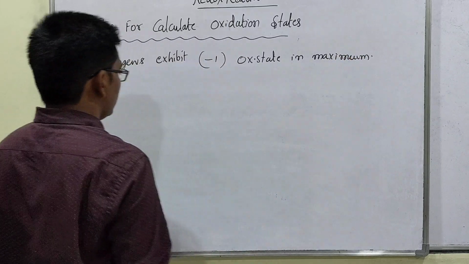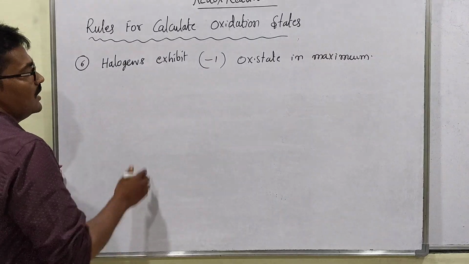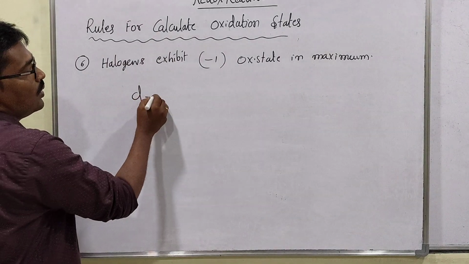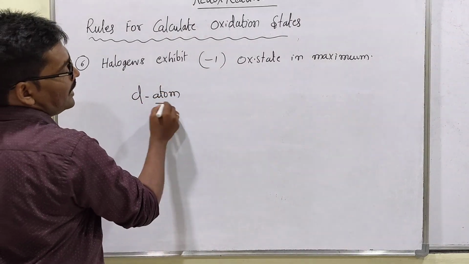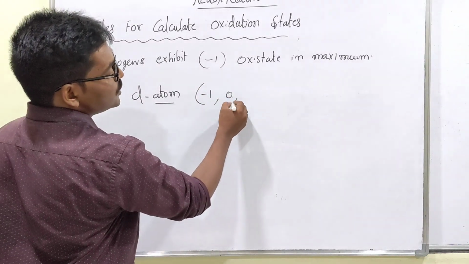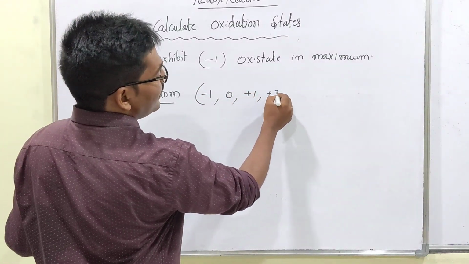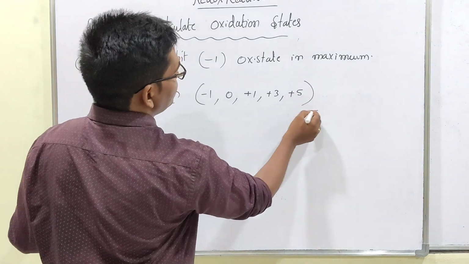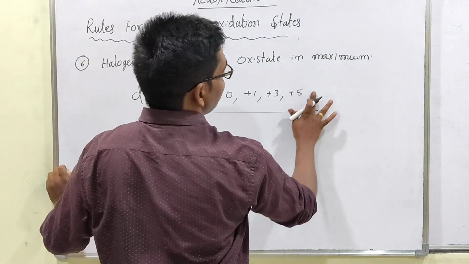But p block elements generally, for example chlorine, can exhibit -1 oxidation state, 0 oxidation state, +1, +3, then +5. Of course +7 also it can exhibit.